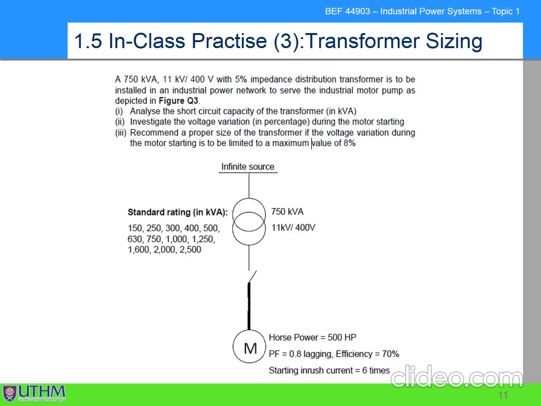All the details are in the figure below. We have 3 questions here. The first is to analyze the short circuit capacity. The second is to investigate the voltage variation. The third is to recommend a proper size of the transformer.